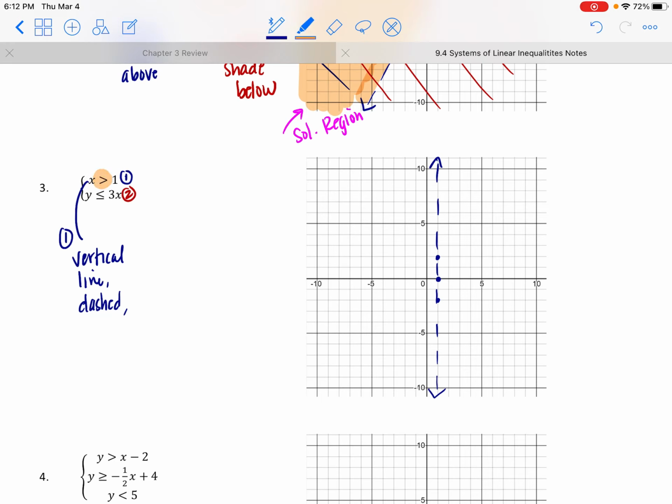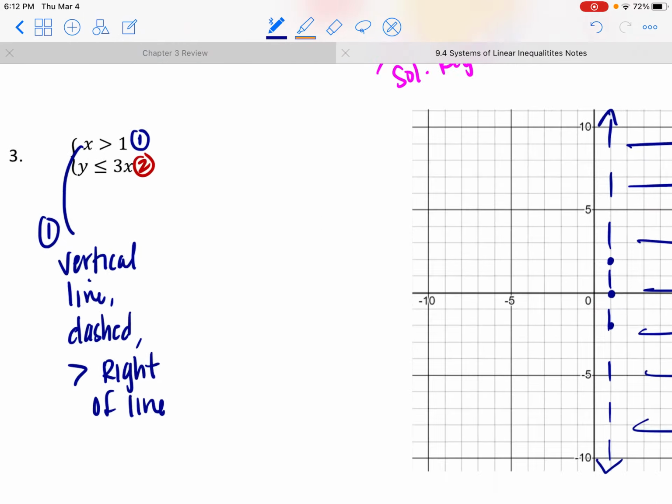Now I can't shade above or below a vertical line, but where are the x values that are greater? Well, we want to go in the same direction that that symbol is going, so we want to shade to the right of our line. So that's where all of the x values are that are greater than 1. So greater than in this case is right of our line.